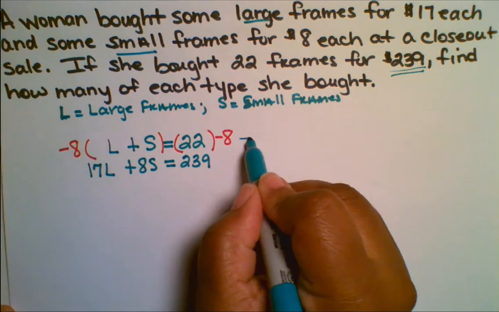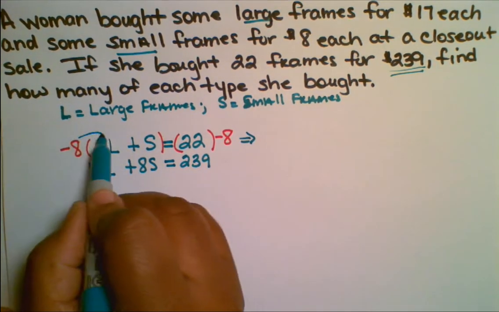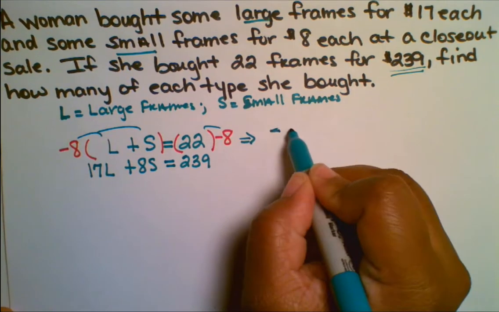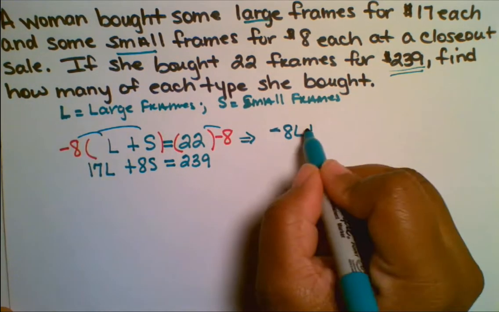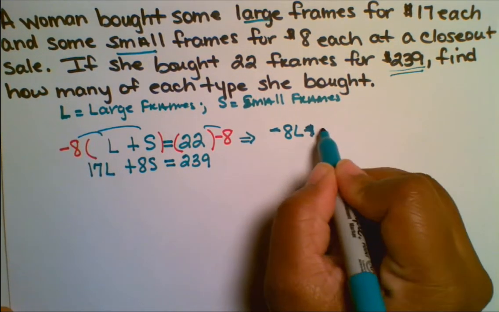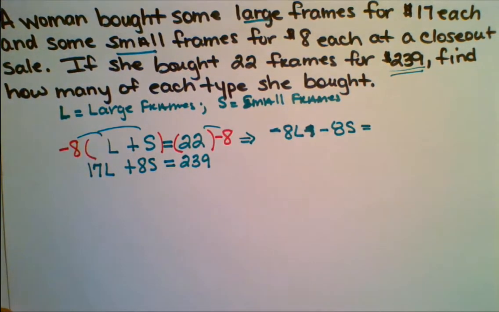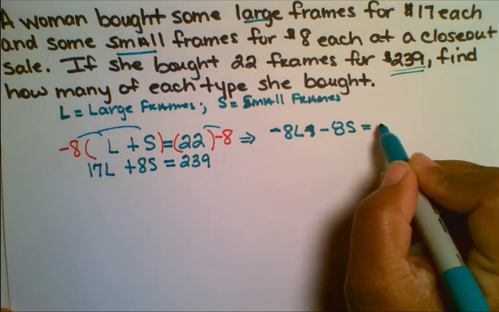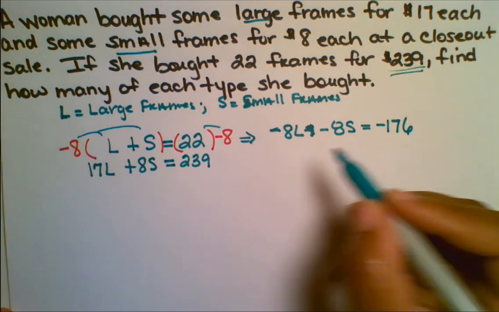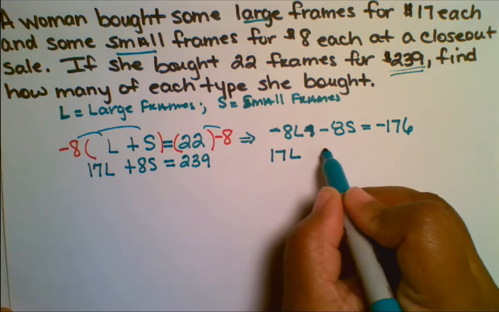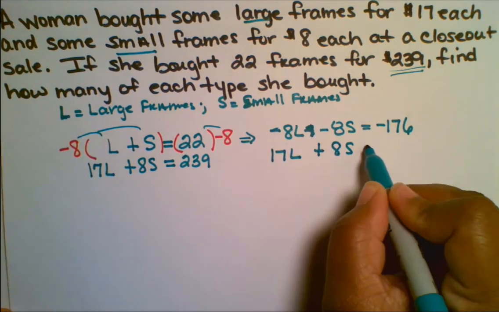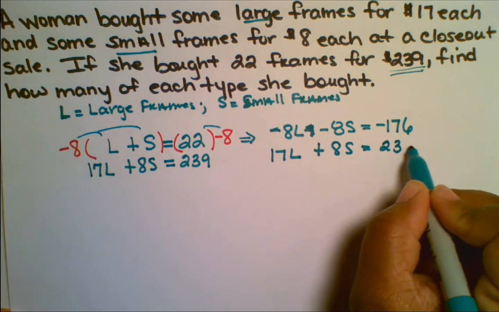So let's distribute the negative 8. We have negative 8L minus 8S equals 22 times negative 8, which gives us negative 176. We're keeping the second equation the same.